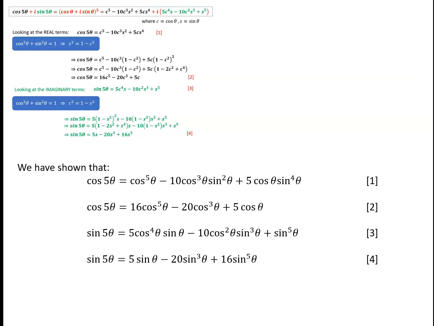And we've also seen that sine 5 theta can be written as 5 cos to the 4 theta sine theta minus 10 cos squared theta sine cubed theta plus sine to the 5 theta, or as 5 sine theta minus 20 sine cubed theta plus 16 sine to the 5 theta.